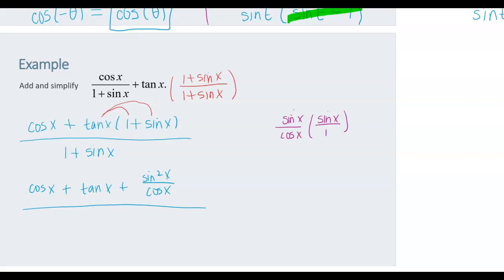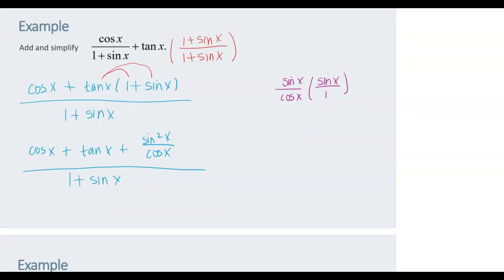And then on the bottom I've got 1 plus sine of x. I think since I'm writing everything in terms of sine and cosine, for this tangent here, I'm also just going to write that as sine x over cosine x.